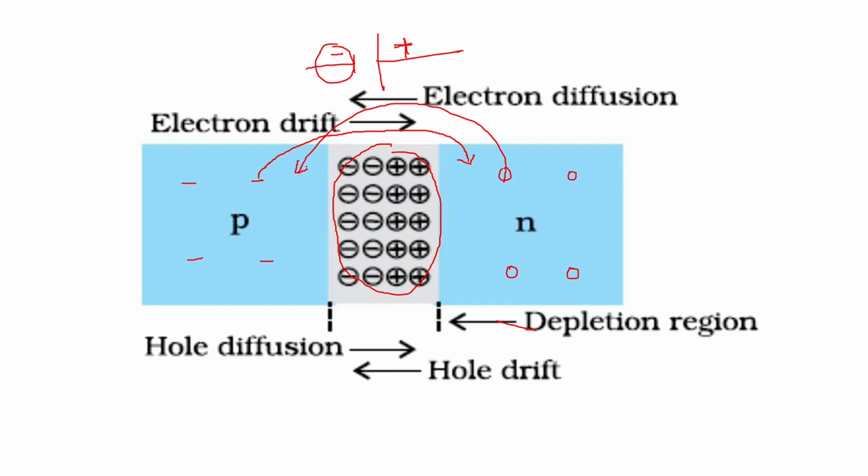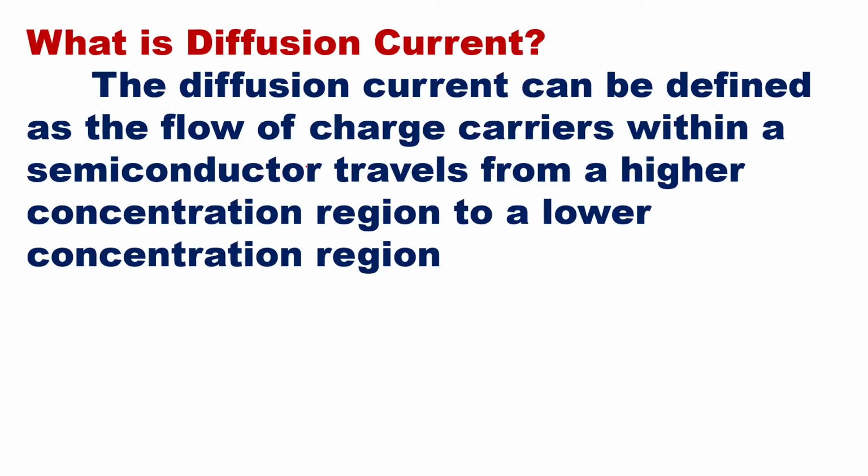The net movement will be zero, and that is when we say the p-n junction is formed. Clear? So here, what is diffusion current? As I told you earlier, it is the movement of the majority charge carriers of p-type and n-type semiconductor.